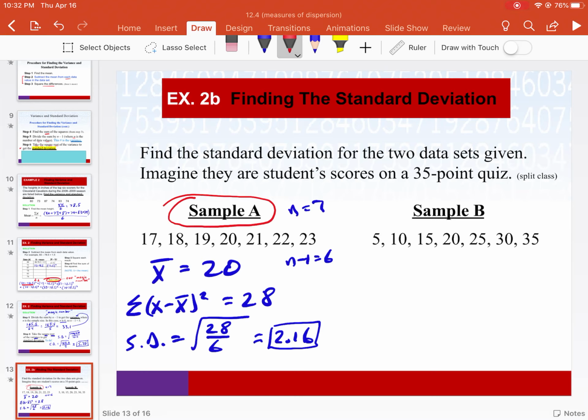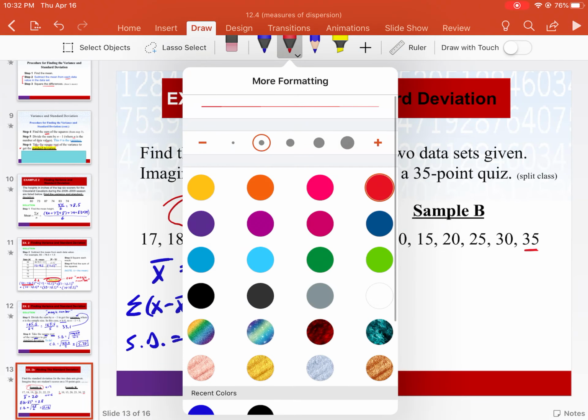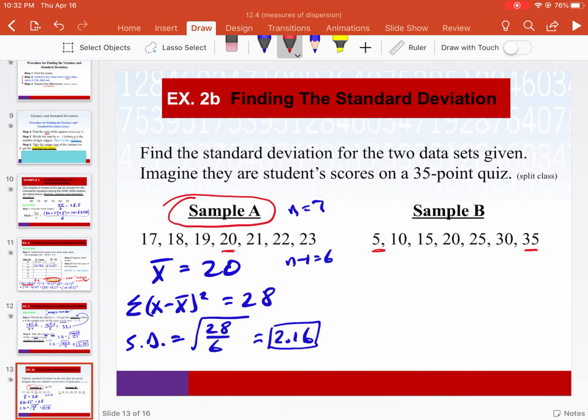Sample A, yeah. You already know the mean is 20. So it looks like the scores are much closer to the mean, 3 below and 3 above. Whereas on sample B, look at the scores. They're all over the place. Somebody aced it. Somebody got a 5. Goodness gracious, really? You got a 5? And the mean is 20.